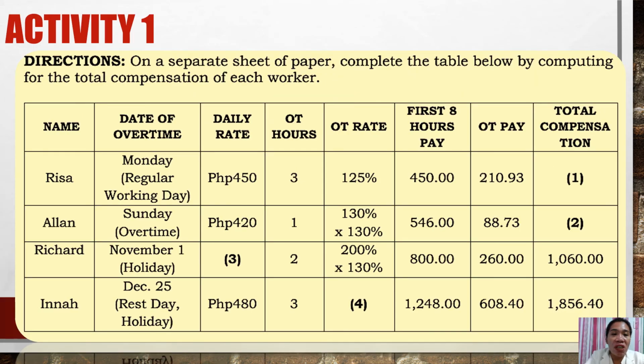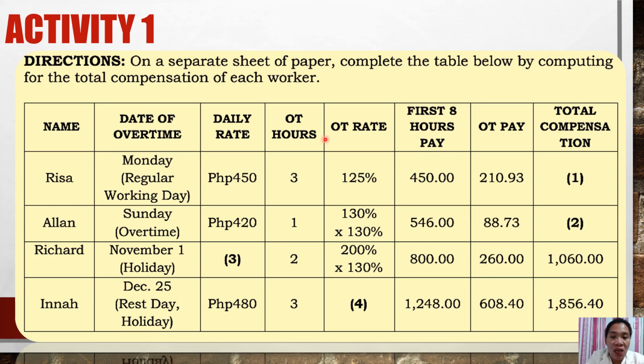Now let's move on to your activity 1. Directions. On a separate sheet of paper, complete the table below by computing for the total compensation of each worker. We have here first column the name of personnel or employee, then date of overtime with the regular working days or with overtime, then the daily rate, then overtime hours, then the overtime rate, then first 8 hours pay, overtime pay, and total compensation.